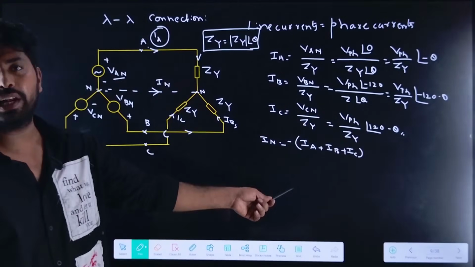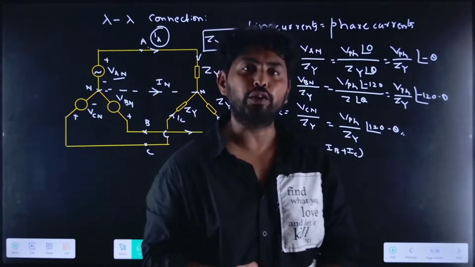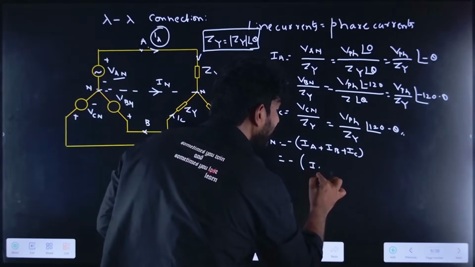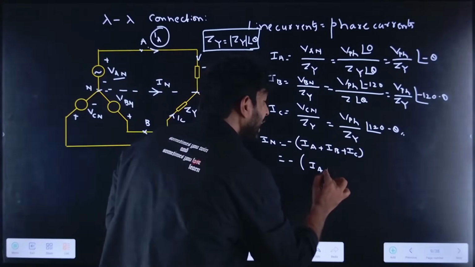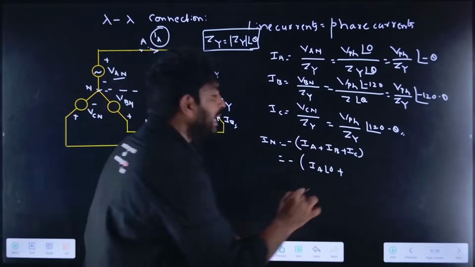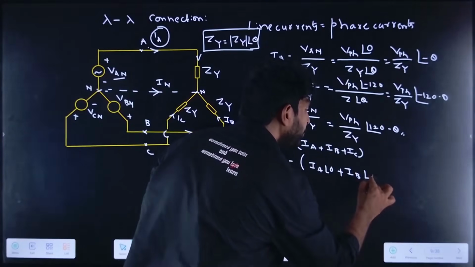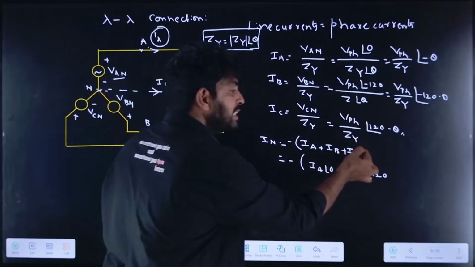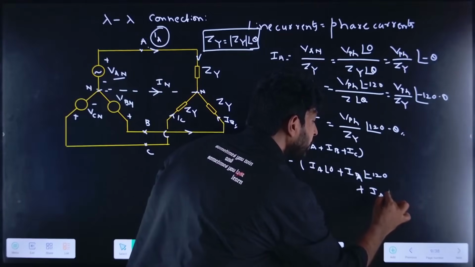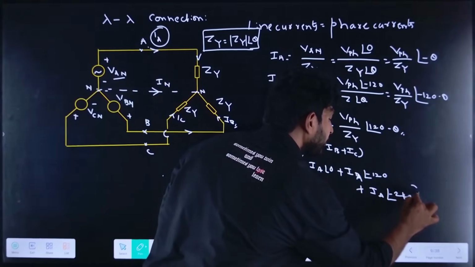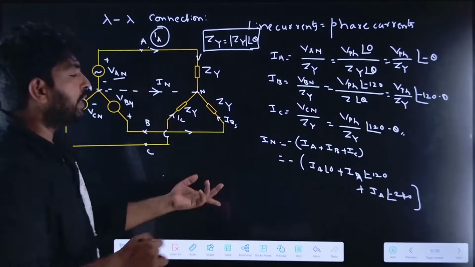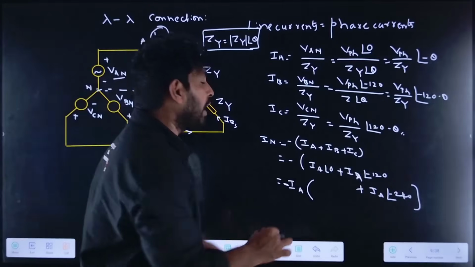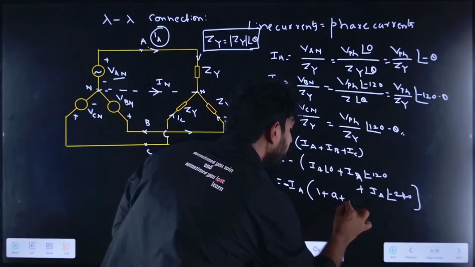From this you can observe that IA, IB, IC are 120 degrees out of phase. If I take IA as a reference, IA is at an angle 0, IB is IA at an angle of minus 120, and IC is IA at an angle of minus 240, or plus 120. Taking minus IA as common, I can write this as 1 plus A plus A square.